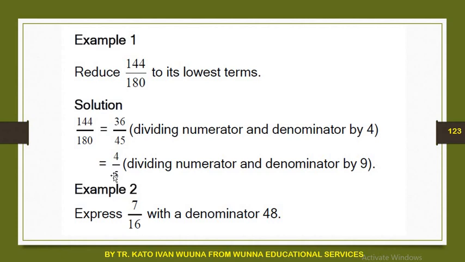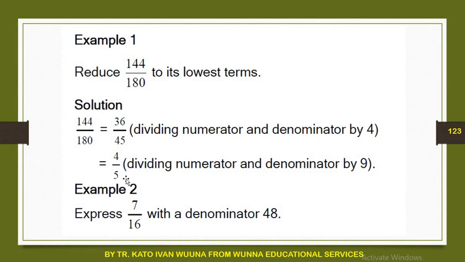And when we cancel those, we shall get a simplified fraction, a fraction in its lowest terms, just like you see 4 over 5. 4 over 5 is the lowest or smallest fraction after reducing 144 over 180.